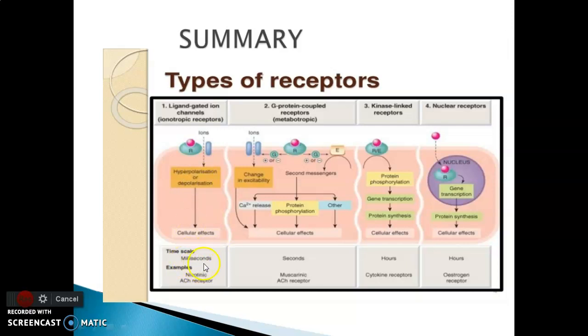Ligand-gated ion channels produce a response within milliseconds, GPCR in seconds, kinase-linked receptors take hours, and nuclear receptors again hours. Certain examples are: nicotinic for ion channel, muscarinic for G-protein coupled receptor, cytokine receptors for kinase-linked receptor, and estrogen receptors for nuclear receptors.